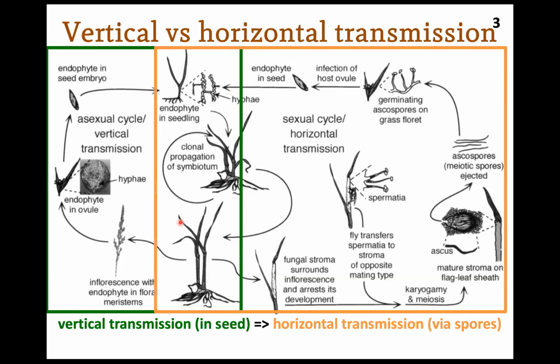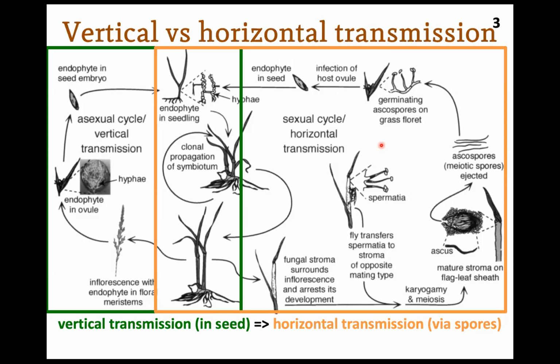In contrast, we can look at horizontal transmission, which is what happens in the sexual cycle. So in some cases, if there's a sexual species, then in the grass flower, the fungus will produce its own sexually reproducing structures. So these are the structures that contain the asci, that contain the ascospores. And these will prevent development of that grass flower.